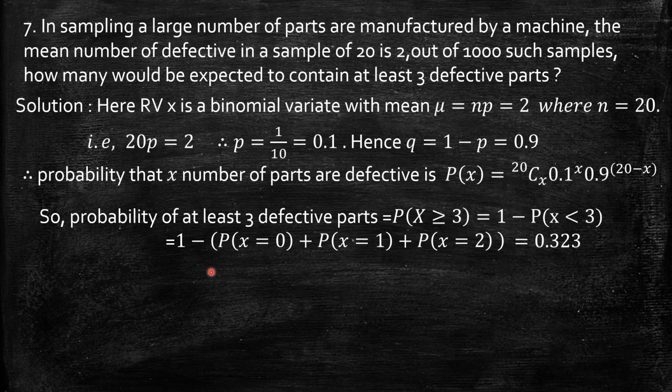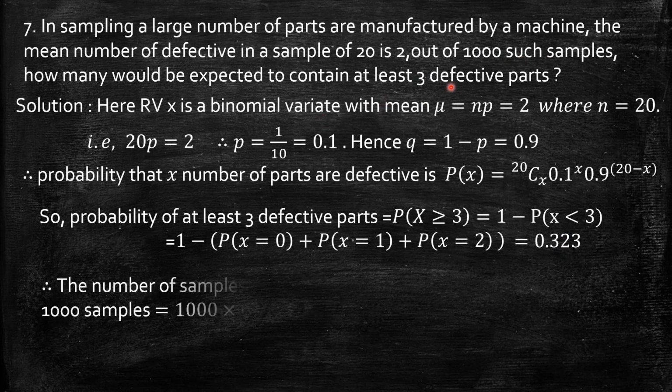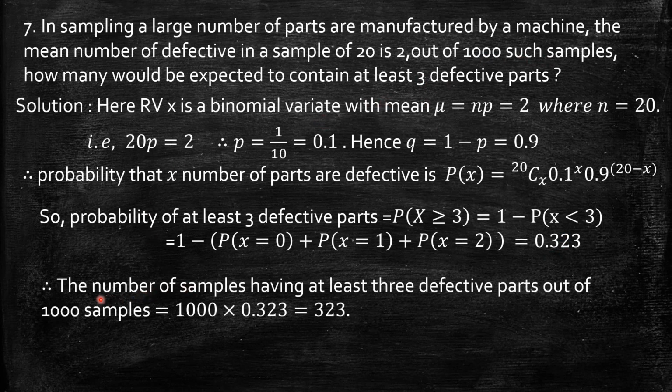So now once I get the probability that at least 3 defective parts is 0.323, now I want, out of 1000 such samples, how many would be expected? I can multiply that by 1000. The number of samples having at least 3 defective parts out of 1000 such samples is 1000 into 0.323, that is 323.